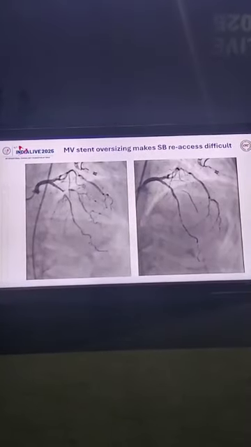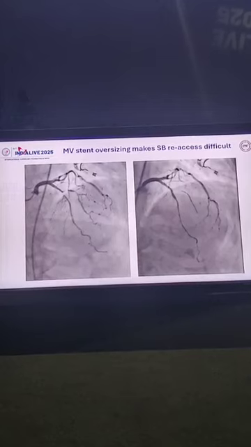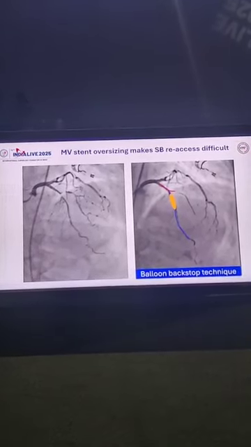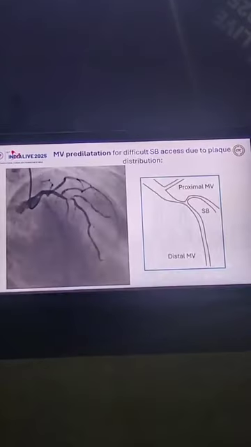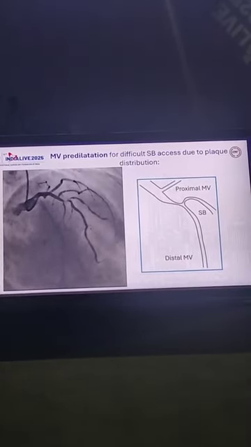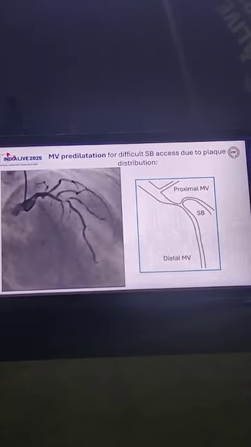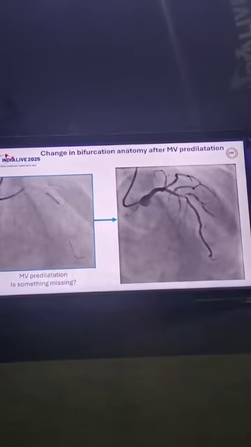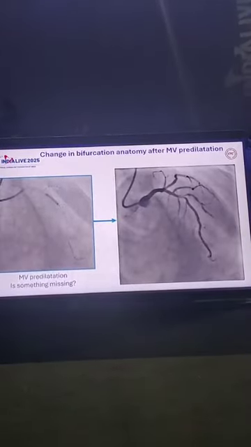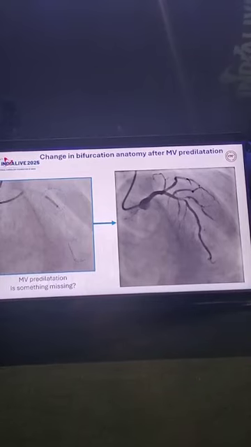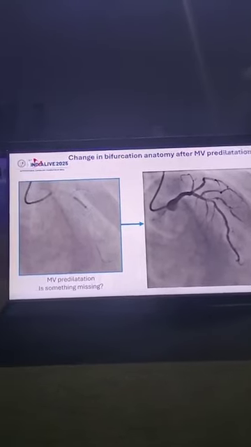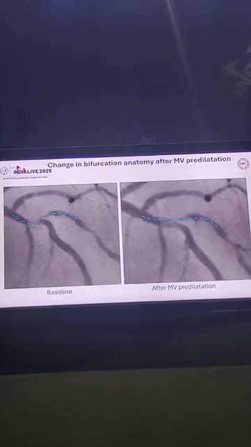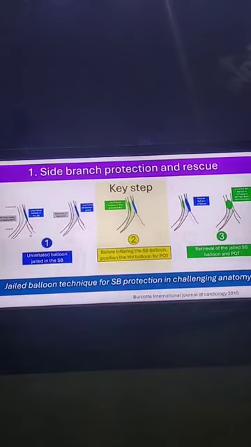Here you have an example of how you can occlude the vessel and how you can use a balloon block stop technique for the crossing. Here you have another example of the block distribution before the access of the branch, and then how, when you are just using this pre-dilation, despite that you get to the branch occlusion, you are significantly changing the angle of the side branch.